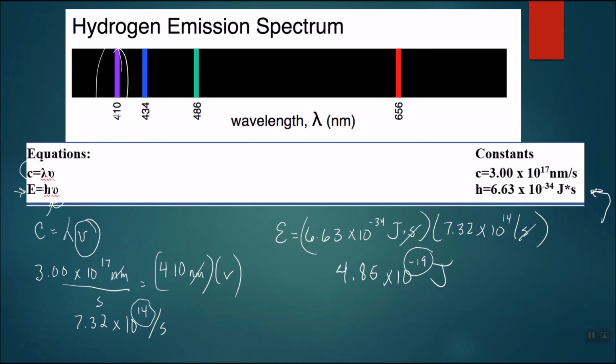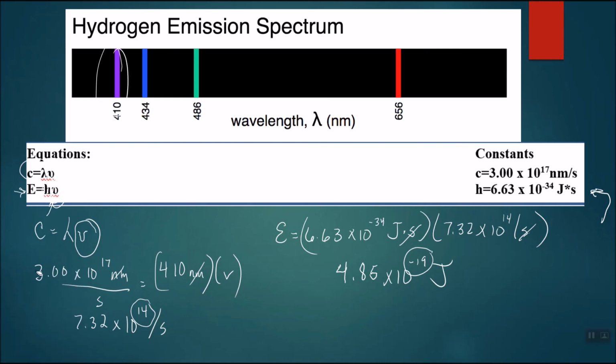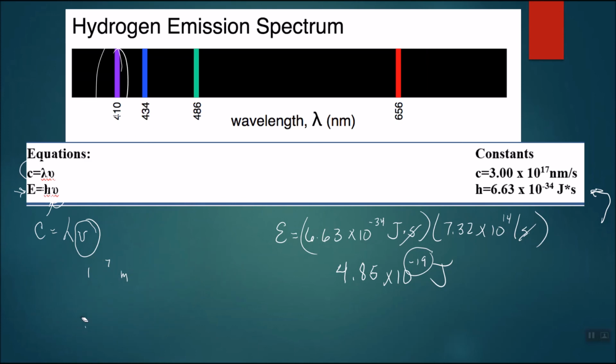But let's erase everything and keep that energy amount the same. And let's solve for the energy of the red line. So let's do the same thing, but this time let's use the red line.